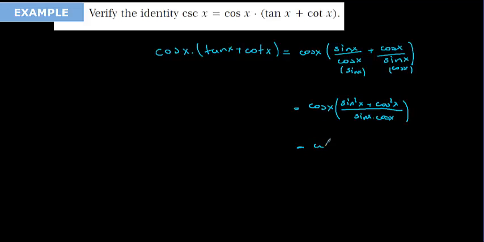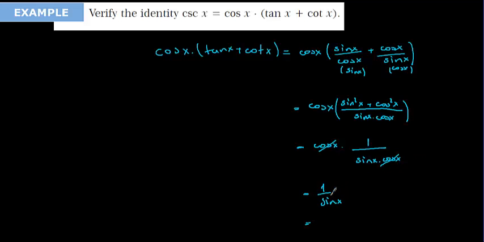So cosine x times sine square x plus cosine square x is equal to 1 over sine x times cosine x. You know, cosine x and cosine x you may simplify because there is a multiplication between them, and at the end we will leave 1 over sine x.